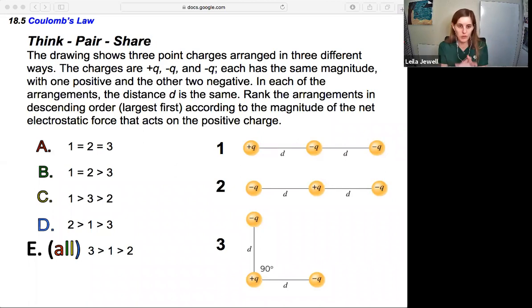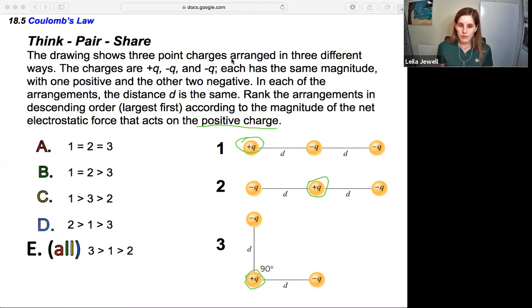All right, so if we want to rank these largest first, according to the net electric force on the positive charge, first we want to key in where is the positive charge in each of these arrangements, because that's a big factor here, right? So here's the positive charge for arrangement 1, for arrangement 2, the positive charge is in the middle, for arrangement 3, the positive charge is in this lower left corner.